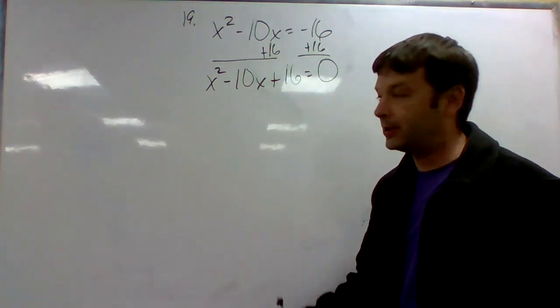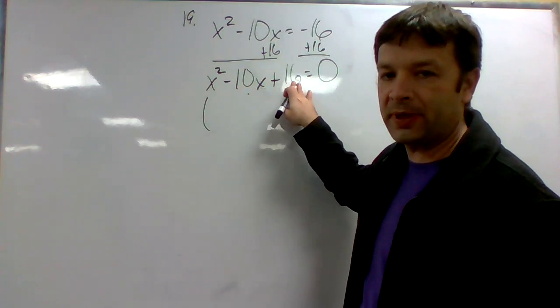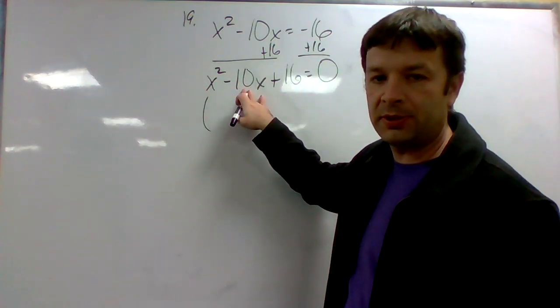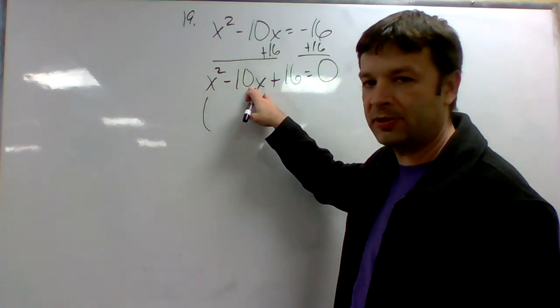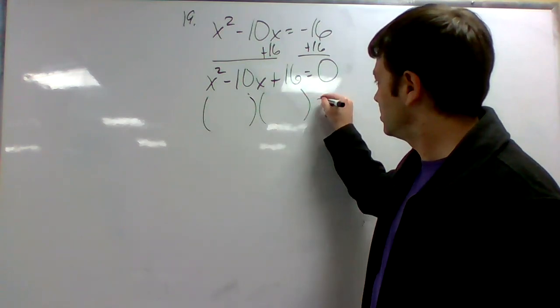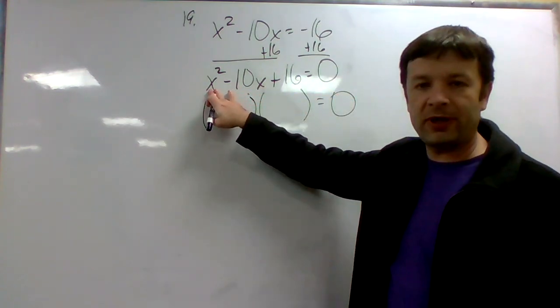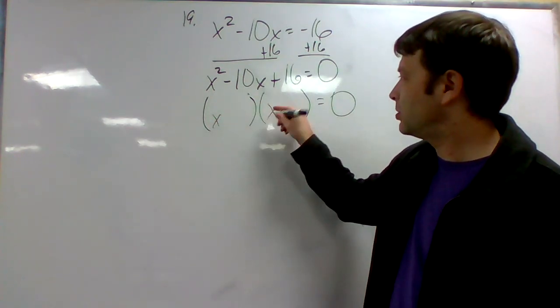So I'm going to factor. I can't take anything out of all three of these. 2 comes out of both of those, but not this one. x comes out of both of those, but not this one. It's just a normal 3-term. So what goes in front? x and x. What goes in back?